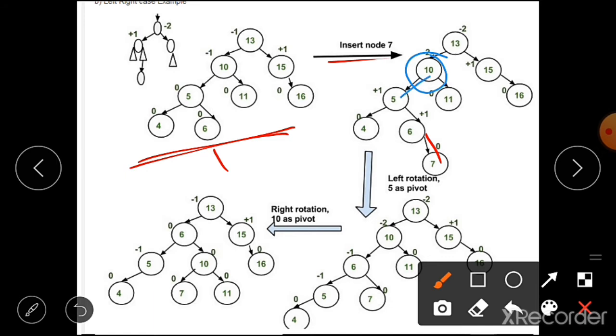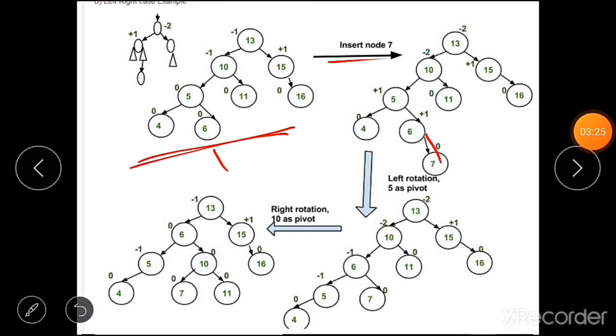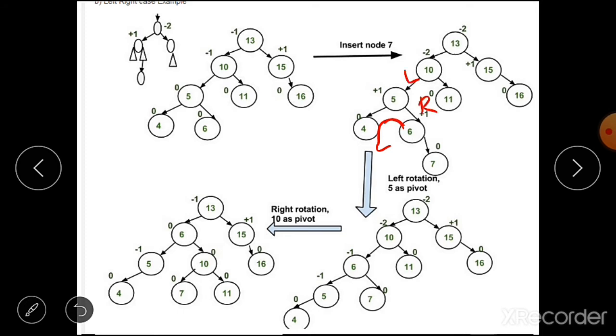Here it is the left right case, the LR case. So we first perform a left rotation based on this 5. So based on 5, there is a left rotation. This is LR, so here we perform a left rotation.